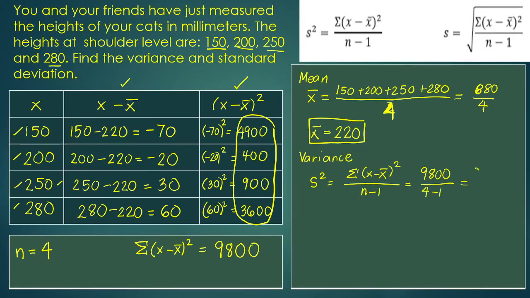So what is 9,800 divided by 3? Is the answer a decimal number or a whole number? Check. 9,800 divided by 3. 3,000, how much?